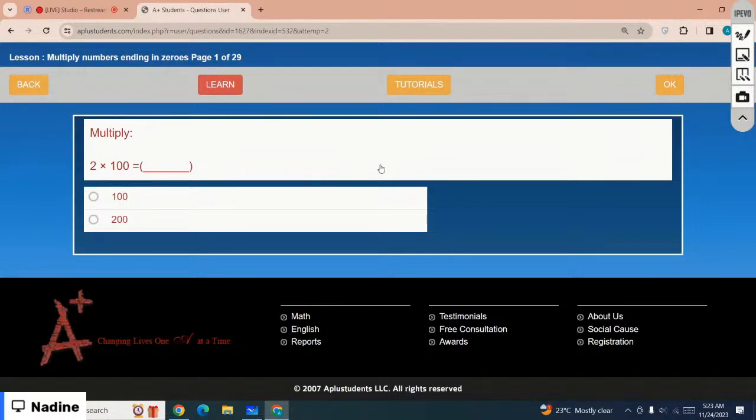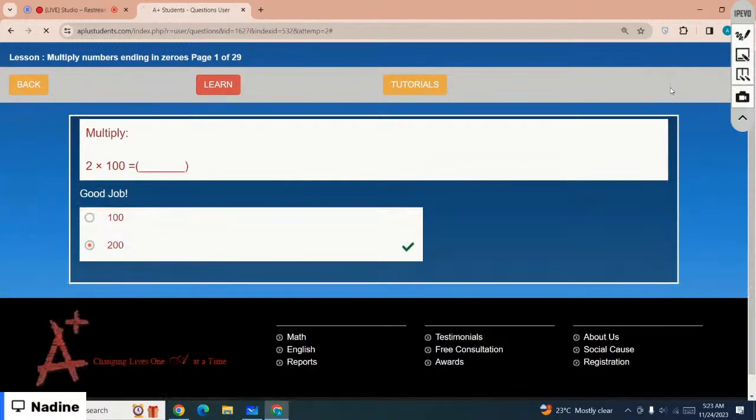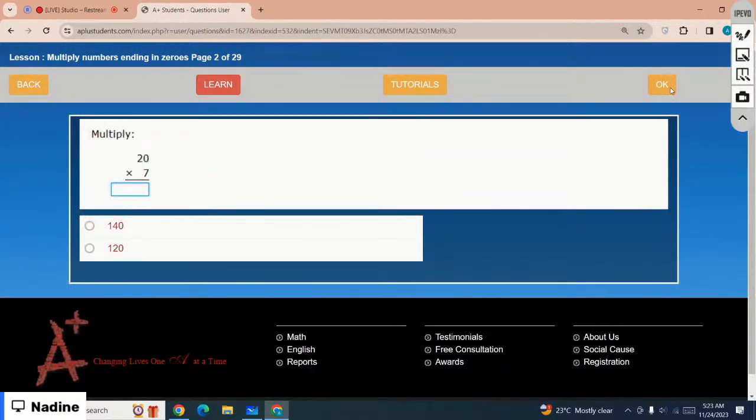Okay, multiply 2 times 100. So which is the correct option? 2 times 100, right? Just do 2 times 1. 2 times 1 is 2. So yes, 2 times 100 equals 200. Option number 2 is the correct option. 20 times 7, which is the correct option?